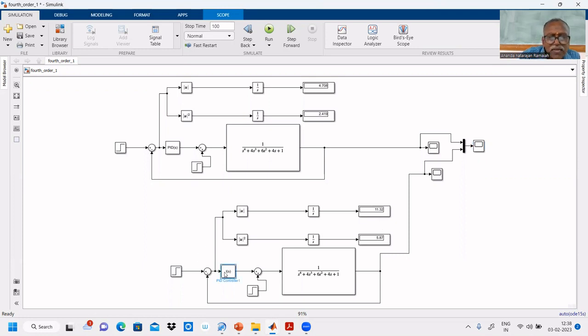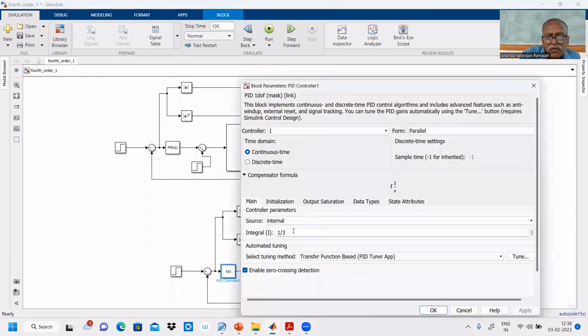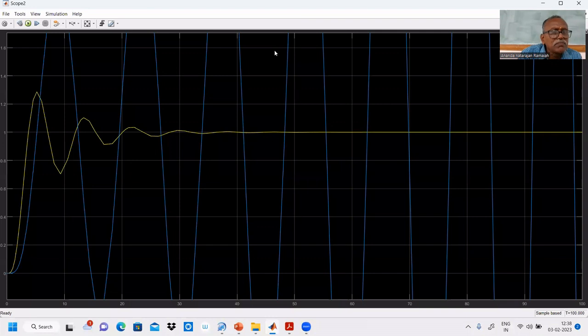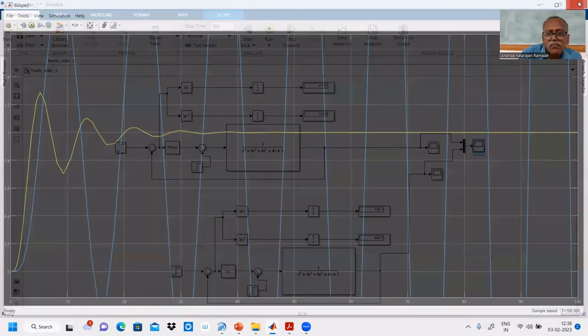Now let us slightly increase the value of Kc by Ti, multiplied by 2 times. I'm increasing this 2 times. What happens? Let us see. We are increasing this by 2 times. It becomes unstable.